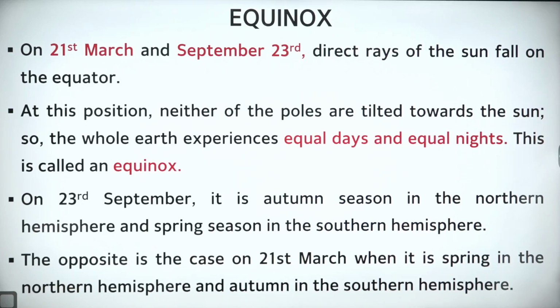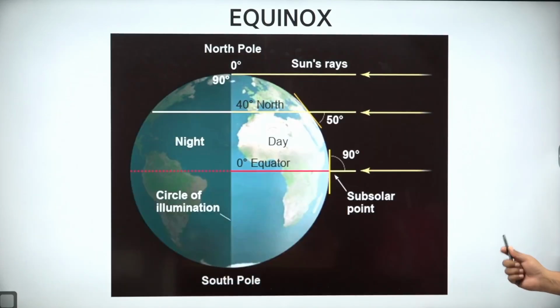This is called an equinox. On 23rd of September, it is autumn season in the northern hemisphere and spring season in the southern hemisphere. The opposite is the case on 21st of March, when it is spring in the northern hemisphere and autumn in the southern hemisphere, right? This is the content.